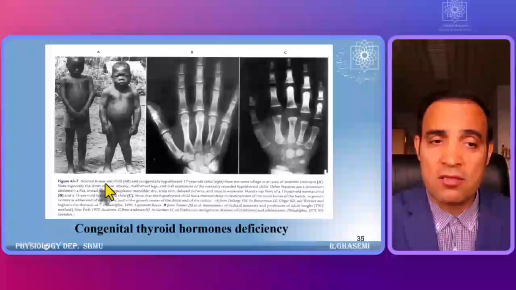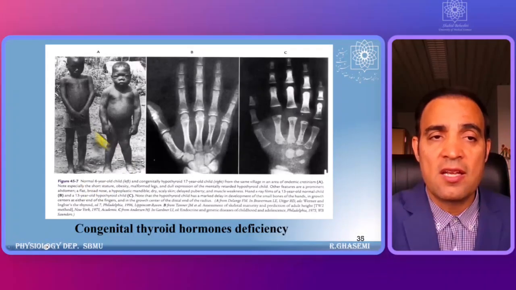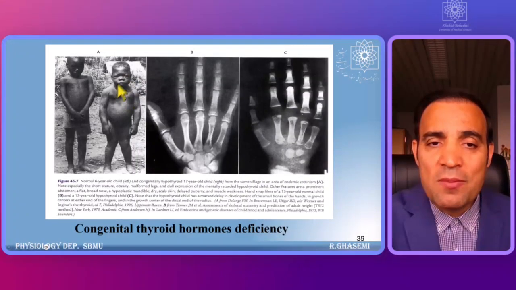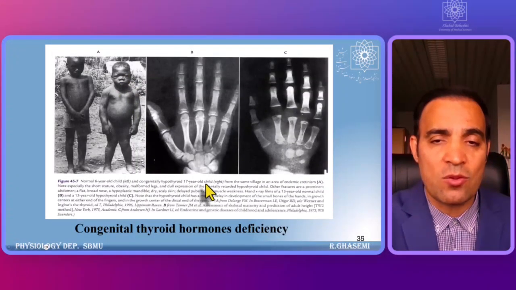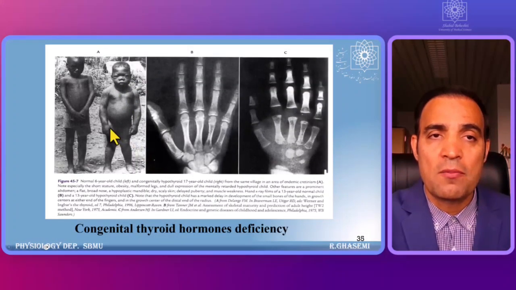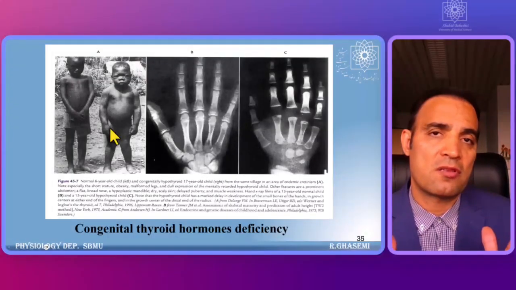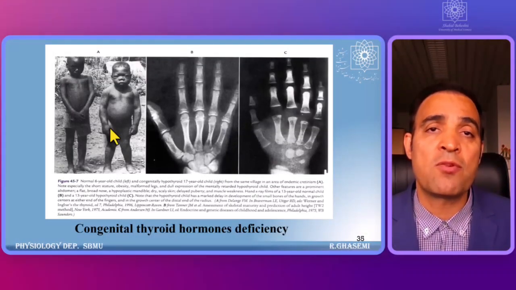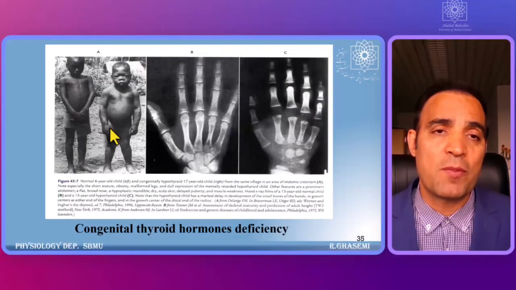As the figure says, the child on the left side is 6 years old, and the other is 17 years old, but they are the same size. This shows how important it is for development.